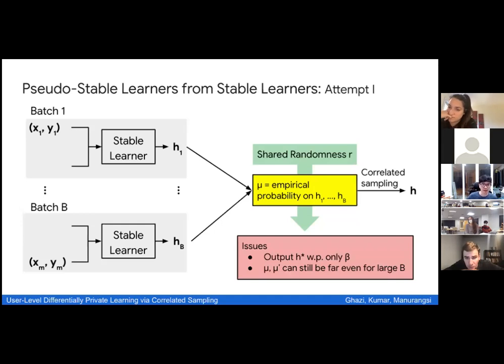If we just take the empirical distribution, this doesn't really solve the issue, because the HI with highest probability can still have a probability of only beta in the empirical distribution. Moreover, mu can actually change a lot if you change your samples. Specifically, if your stable learner is really weird and it outputs this H star with probability beta and otherwise outputs a completely random hypothesis, then if you run this multiple times, your total variation distance is going to be very large. So this is not good enough for us.